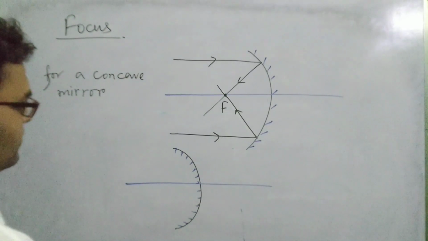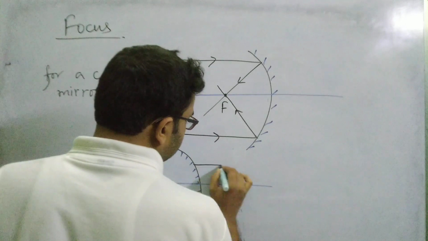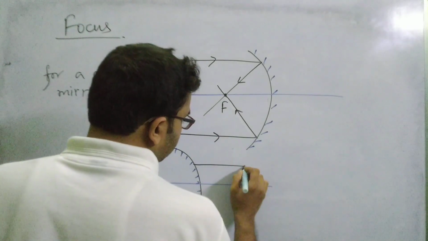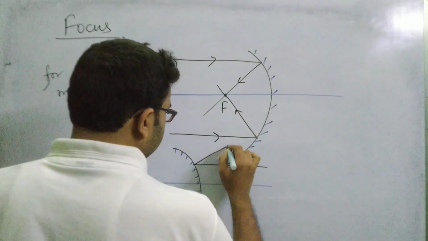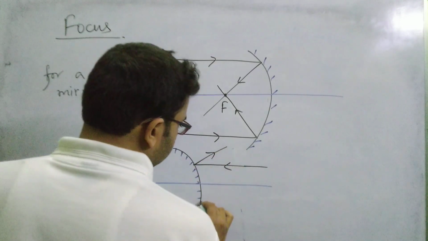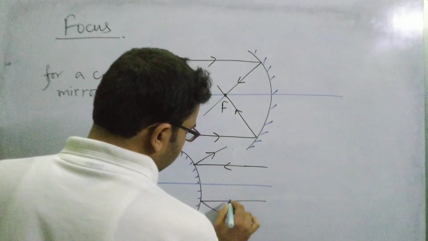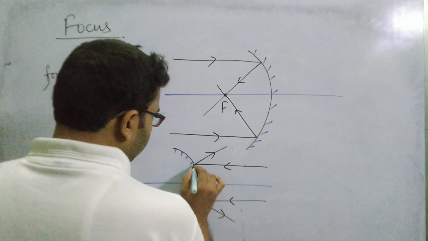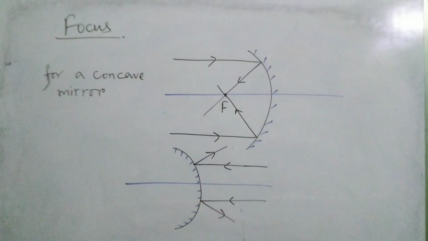Fine. So if I consider two light rays coming parallel to the principal axis from an infinite source, from a far-off distance, they move like this, get reflected like this, and like this. If you see, the light rays here for a convex mirror do not actually meet, isn't it?